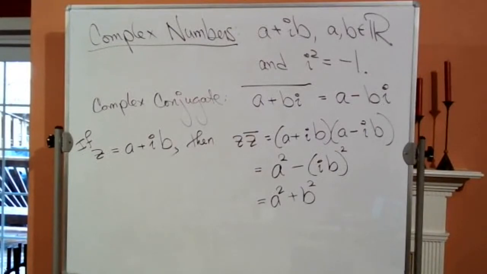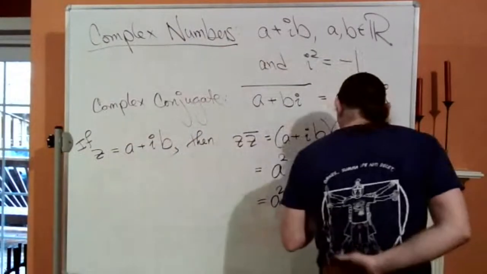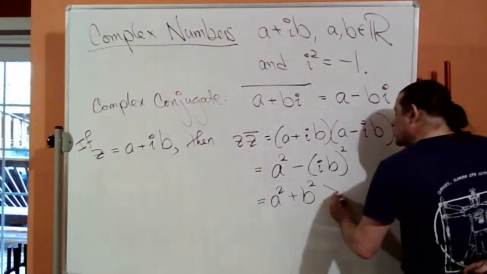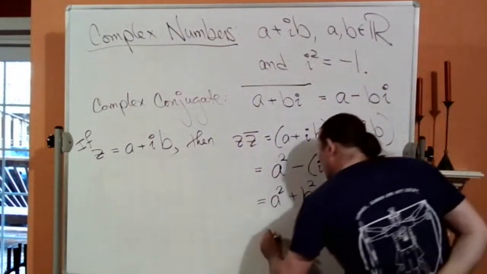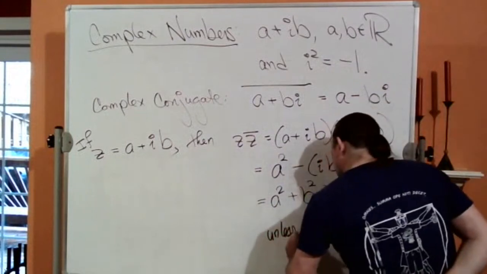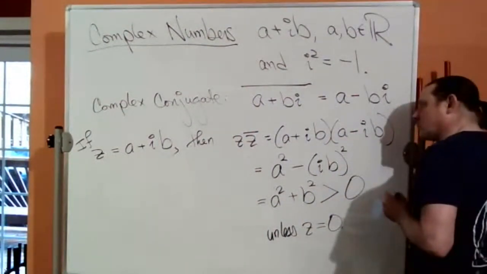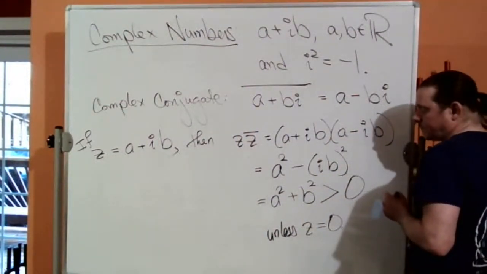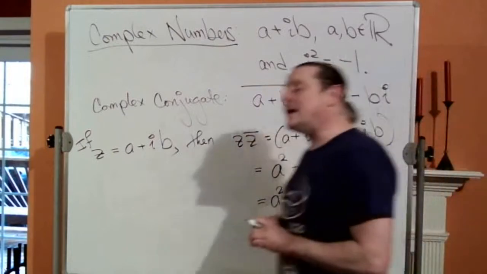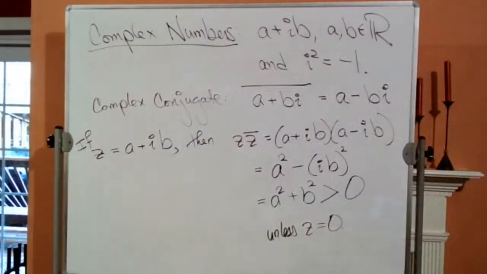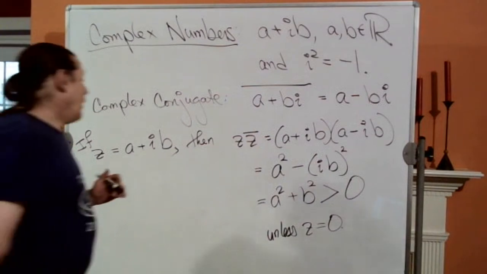Now, a squared plus b squared is a real number that is strictly greater than 0 unless z equals 0. Okay? And here is where we get the issue with 0. We're not going to be able to divide by it.